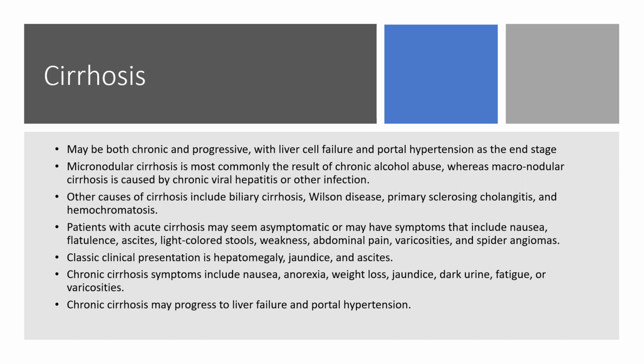Other causes of cirrhosis, because it's not always hepatitis or alcohol abuse. You can have biliary cirrhosis, which comes on because of chronic biliary disease, such as gallstones. You can have Wilson's disease, primary sclerosing cholangitis, which is an inflammation of the bile and hepatic ducts, and hemochromatosis is also another reason to see cirrhosis.